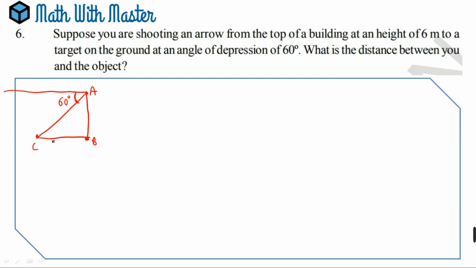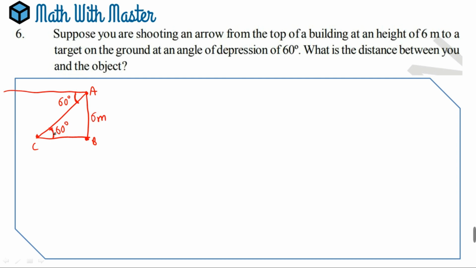So always, opposite interior angles are the same. So angle C is equal to 60 degrees. For angle C, now a building of height 6 meters.